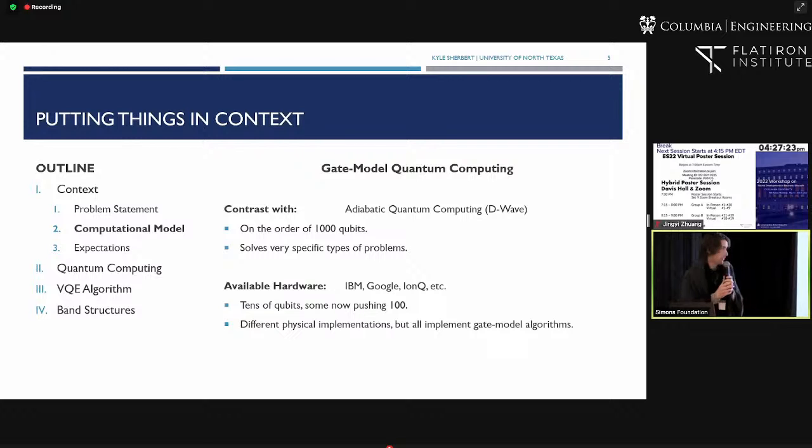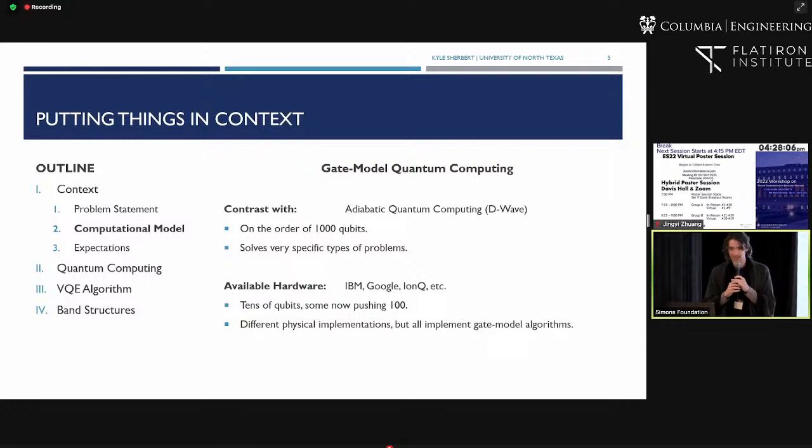Another thing that we need to contrast that you might have heard in the literature is that there are actually different models of quantum computation. For example, I'm working with gate model quantum computing. You might also have heard of something called adiabatic quantum computing. The main difference that I'm concerned about is that the adiabatic quantum computers that we have today, that are functioning in use today, have on the order of thousands of qubits, whereas the hardware that I have available to implement my algorithms has on the order of a dozen.